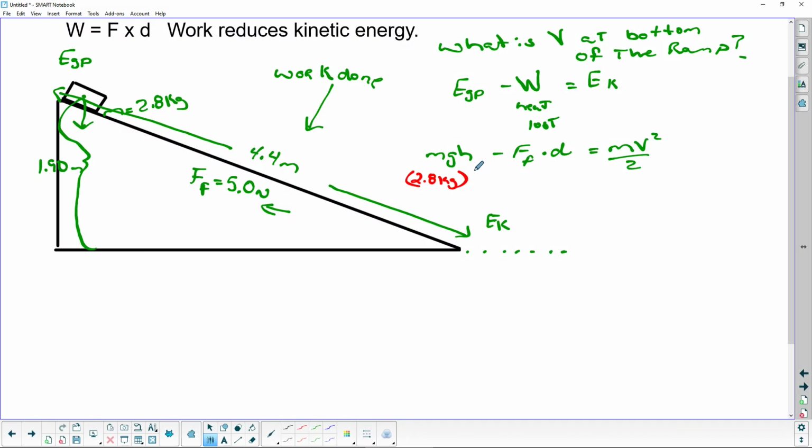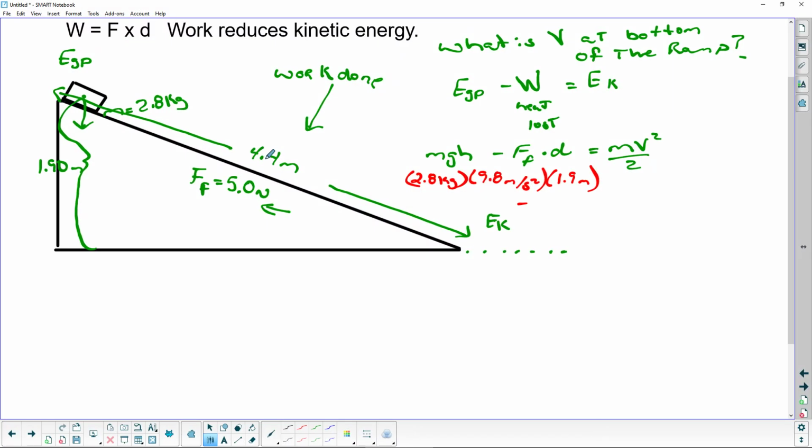So we plug that in, 9.8 here, and the height of the ramp. So there's our kinetic energy. We're going to subtract the work done by the block as it slides down the complete ramp.